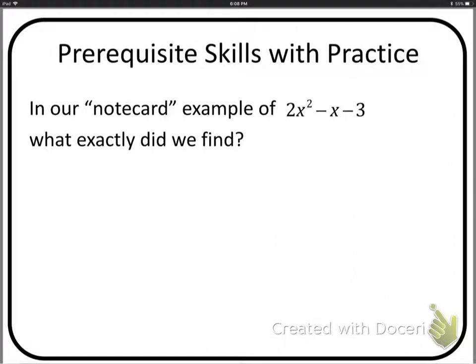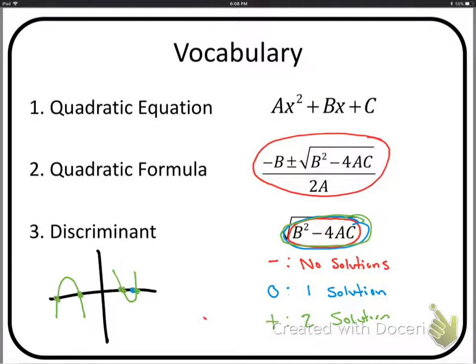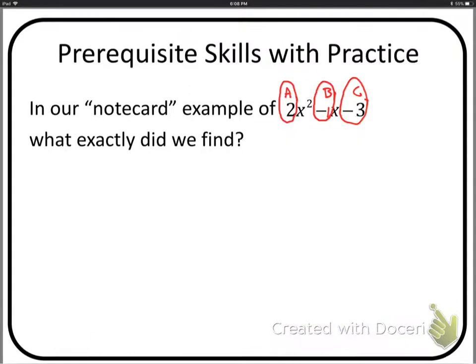Going here, we first want to list a, b, and c. We know a is 2, b is -1, c is -3. And we're going to plug it into the quadratic formula. You can reflect back to see what the quadratic formula is. It's right here.